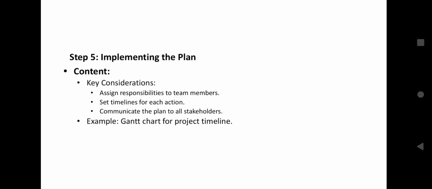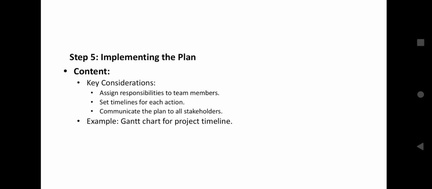Next, implementing the plan. The key consideration in implementing the plan is assigning responsibility to the team members. Definitely you have to check whether they are skilled or not. If someone has more skill, you give more responsibility to them.